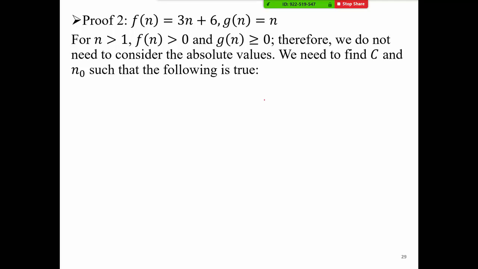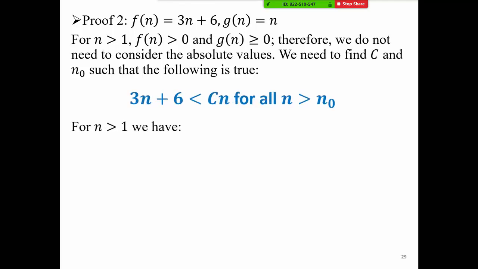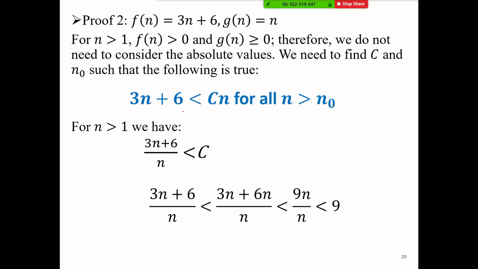And there is another proof for this. You can see here in this slide. I'm not going to go into detail on this one. The proof is not part of your topics, but I explain it here for the sake of completeness, so you can find it out later on. So you can see here we divide by n: 3n plus 6 divided by n.